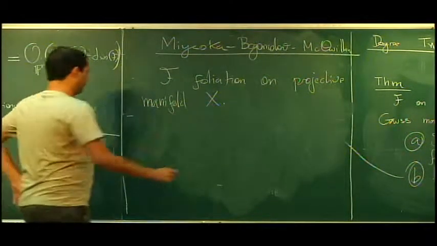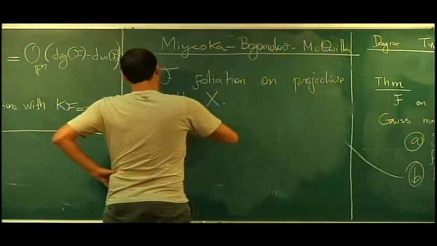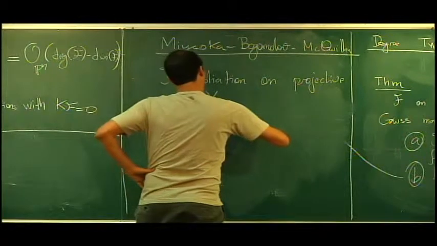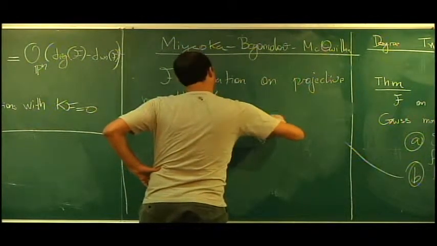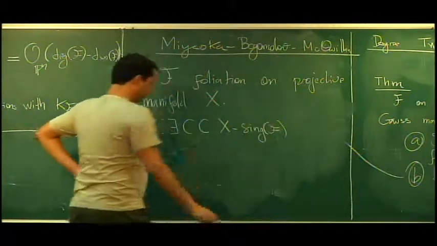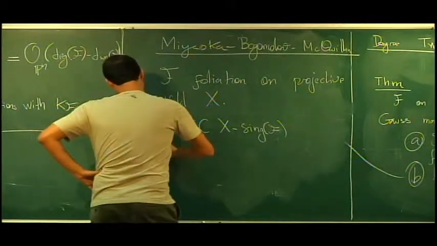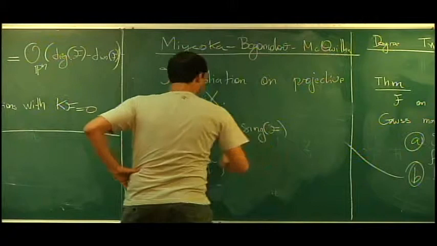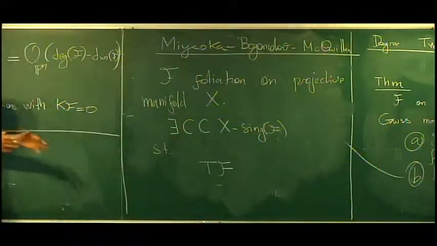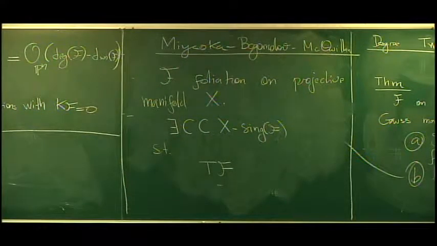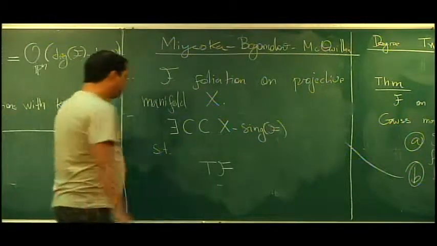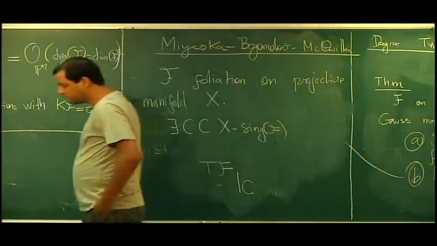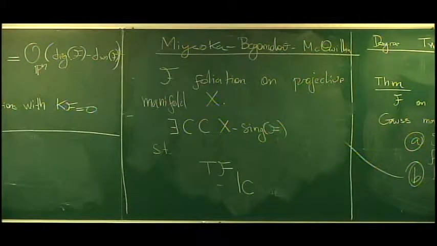I will suppose that there exists a curve C away from the singular set of F, such that the tangent bundle, because since I'm outside the singular set the tangent sheaf is a bundle, the tangent bundle of F restricted to C is ample.